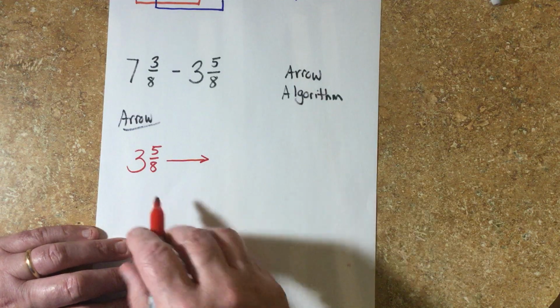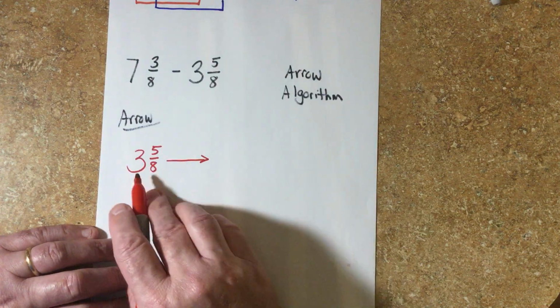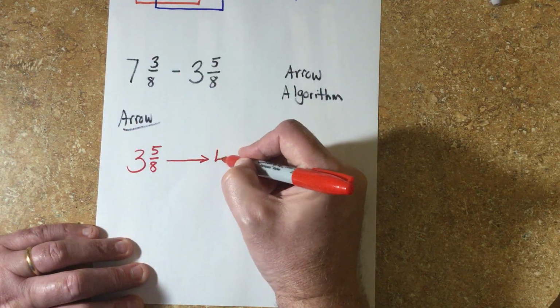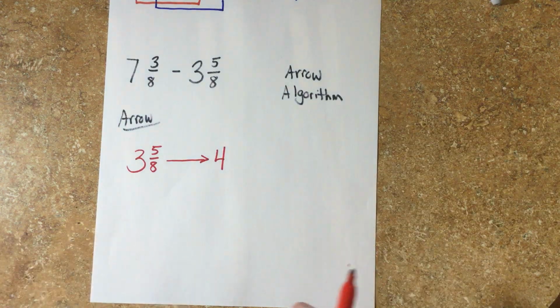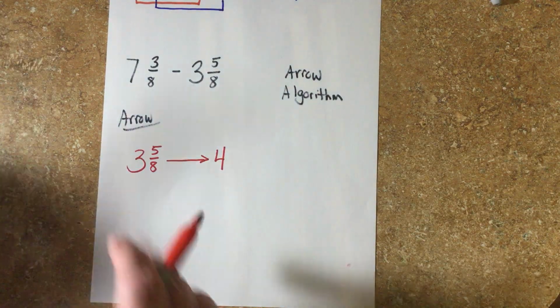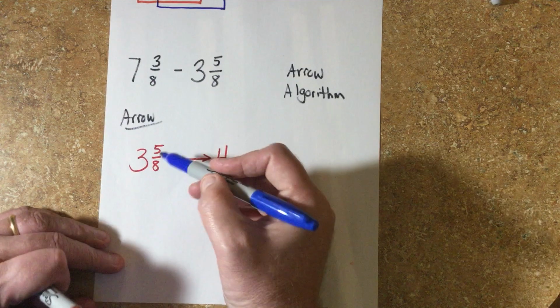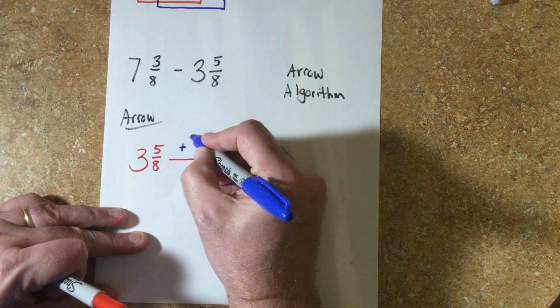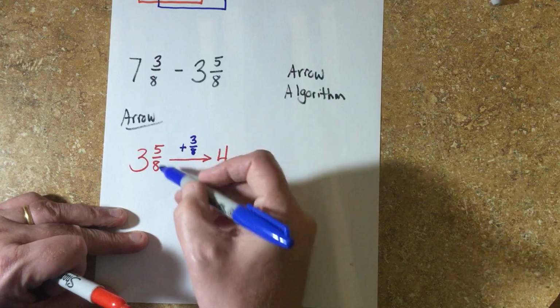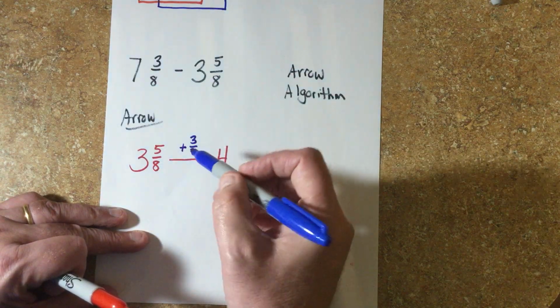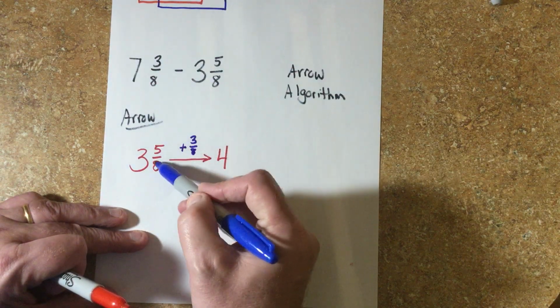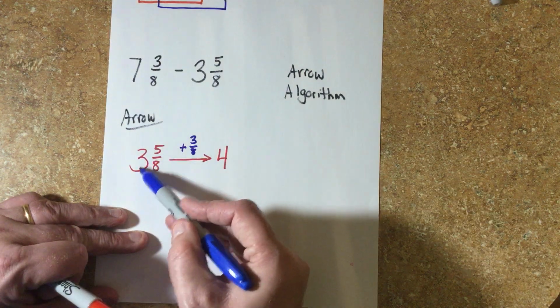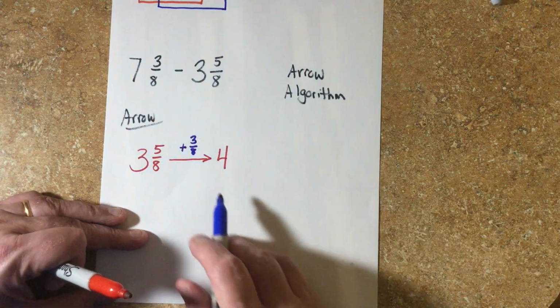I'm going to ask myself, if I have 3 5/8, how much does it take to get to the next whole number? And that would be 4. In this case, I would add 3/8, because 5/8 and 3/8 is 1 whole, and that 1 gets added to the 3 to make my 4.